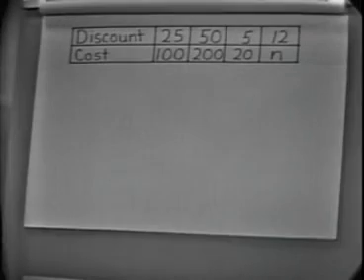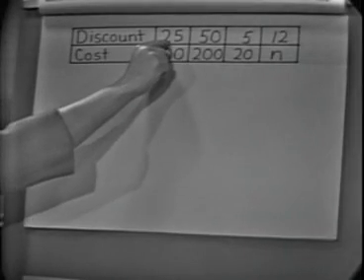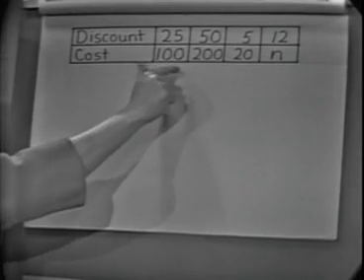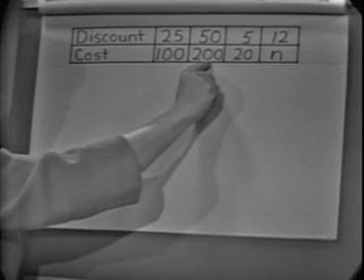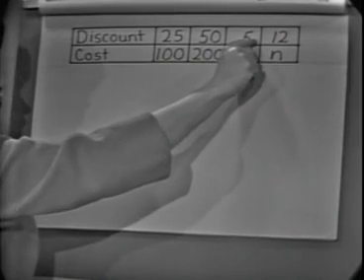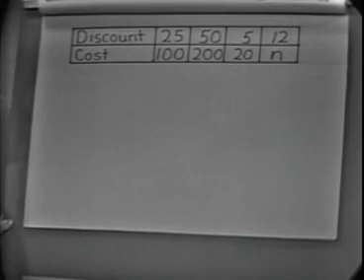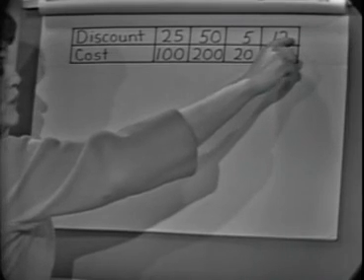One pair which describes the situation is 25, 100. 50, 200 is another pair, as is 5, 20. But we're looking for a particular pair, one where the first member is 12.